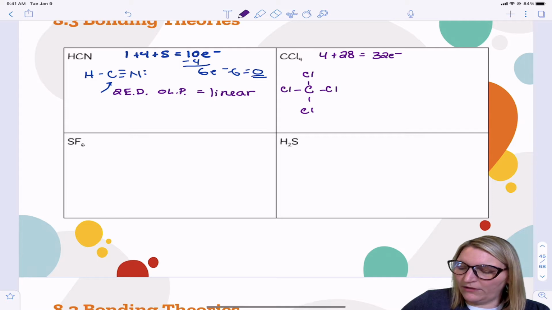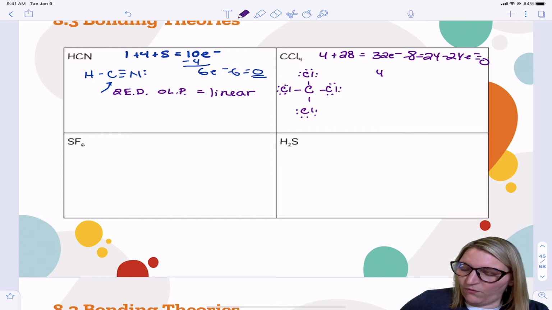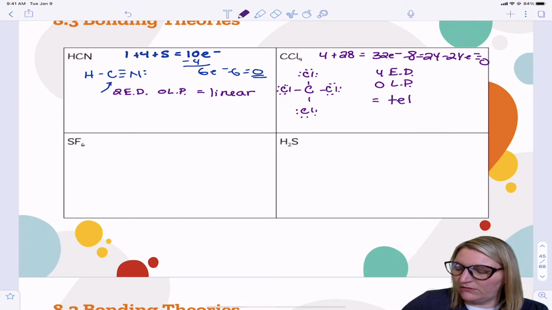I made 4 bonds. I used 8 electrons. That gives me 24 left. And 6 around each of the outside atoms takes care of the rest of those electrons. I have none left, and every atom has a full octet. It's stable. So 4 electron domains, 0 of them are lone pairs. That's tetrahedral.